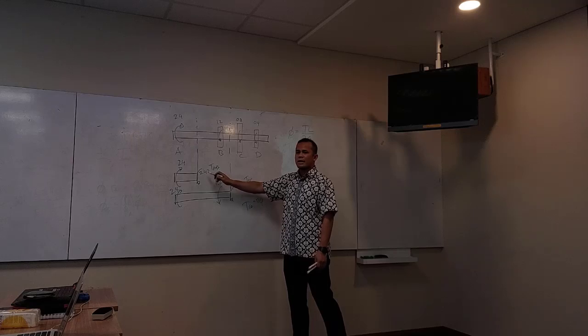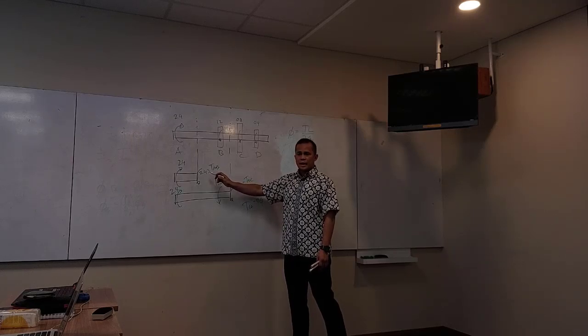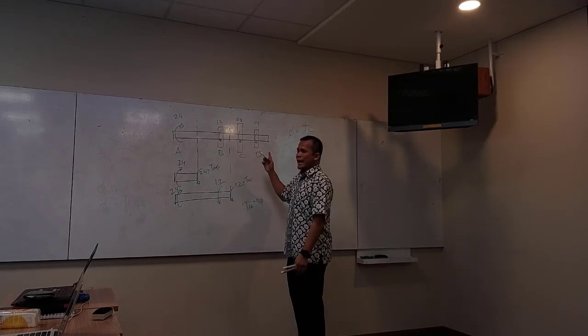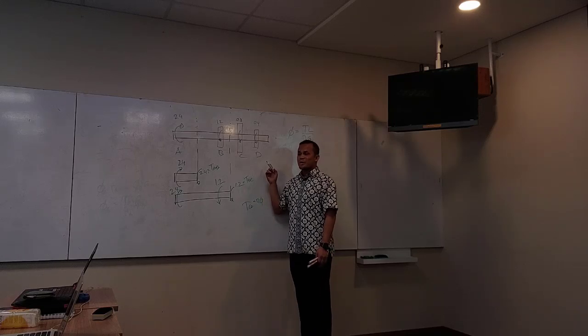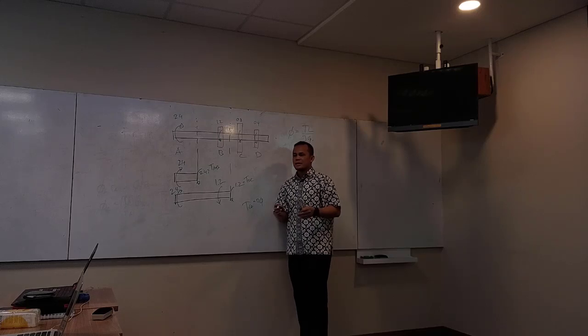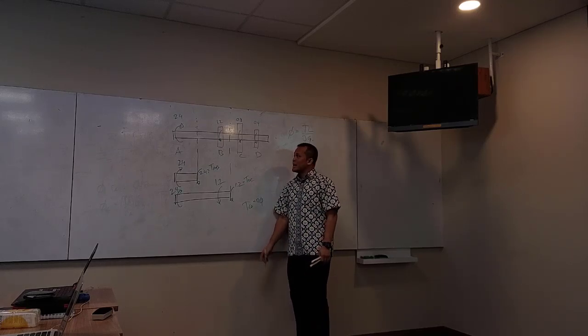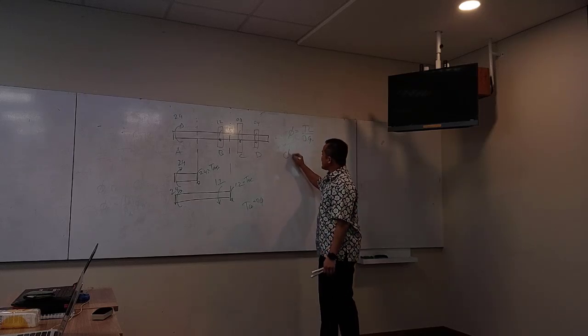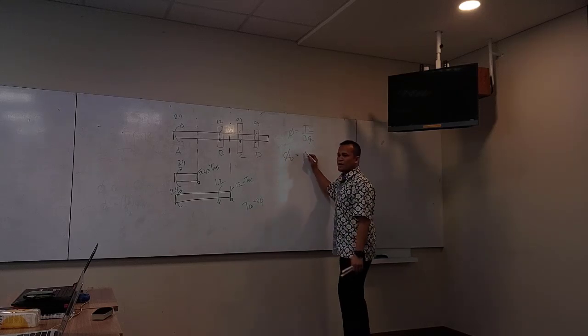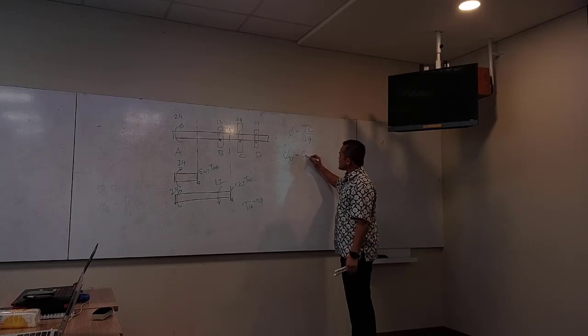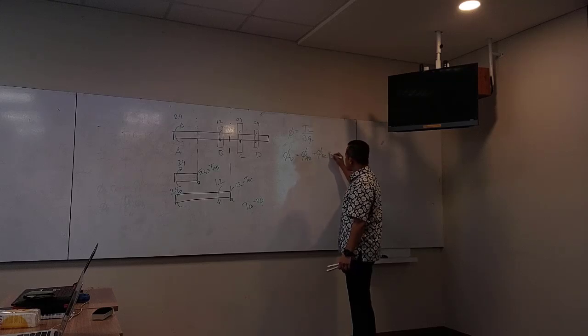This is the only contributor. Then what is the total twisting angle at D? How can you obtain it? The sum of the twisting angles of AB plus BC plus CD.